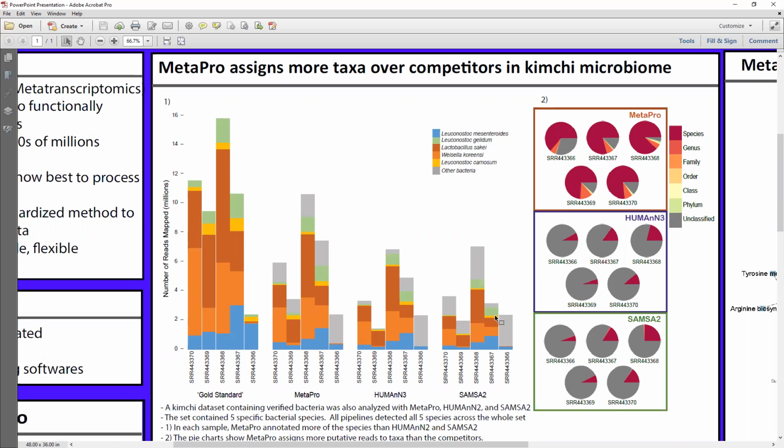MetaPro, in this case, picks up higher quantities of each known lactic acid bacteria, but compared to the gold standard, there's still clearly room for improvement. Now, the pie charts to the right represent the strength of the taxonomic classification tools of each pipeline. MetaPro was able to classify more of its data to species over the other pipelines.